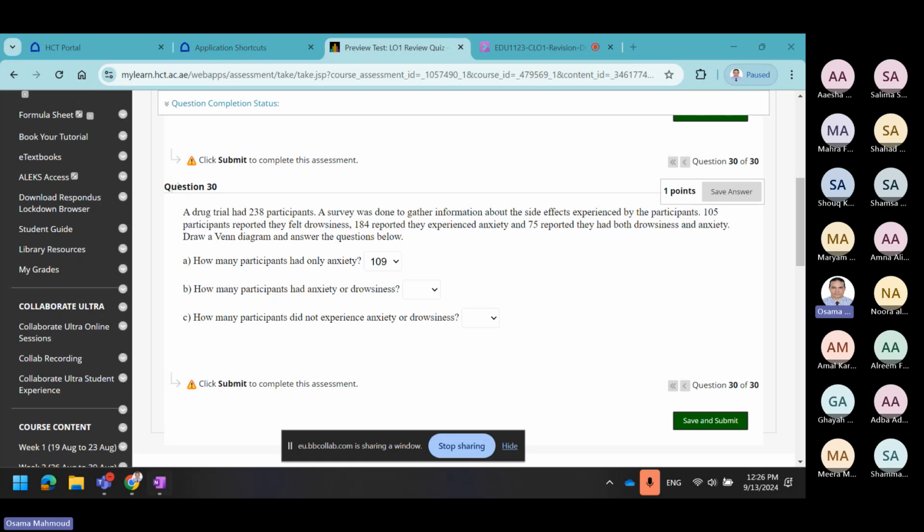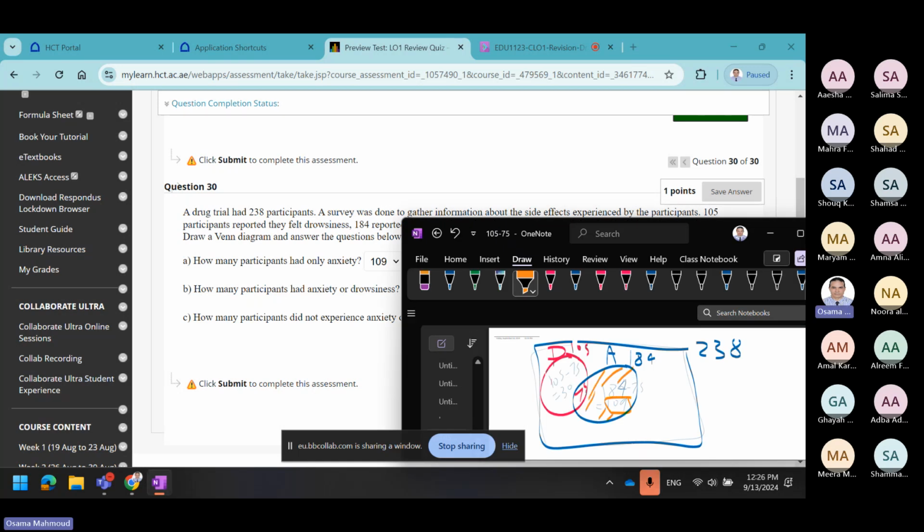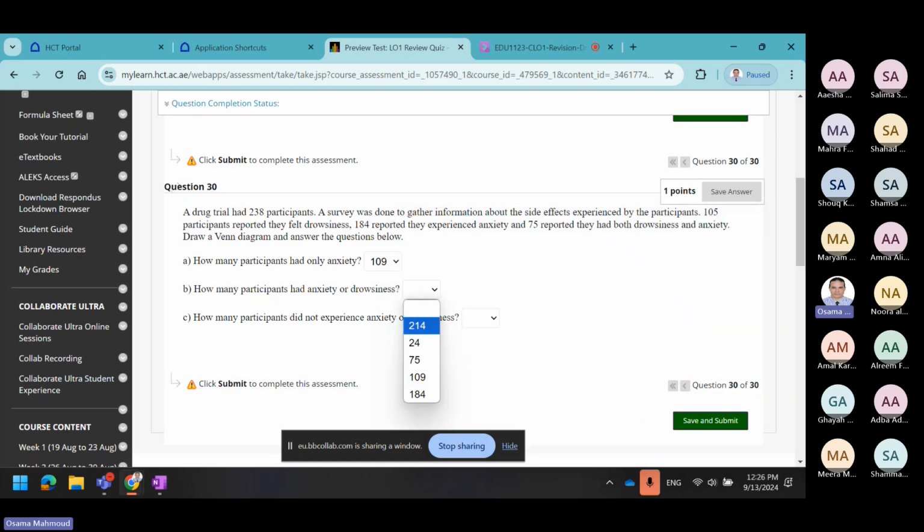Or means it will be here, or here, or here, right? So I'm going to add 30 plus 75, which is 105, plus 109. So 105 plus 109, how much will it be? 214, okay.